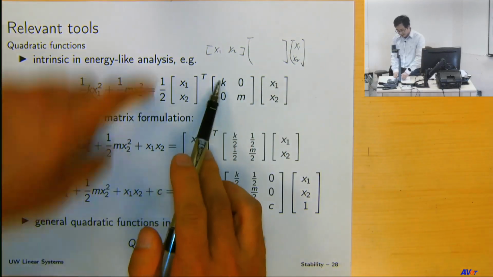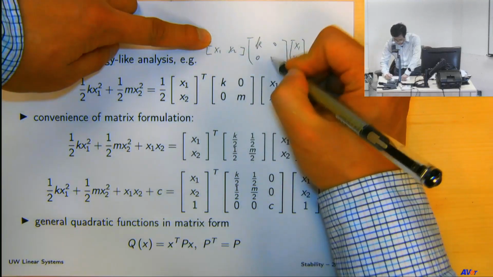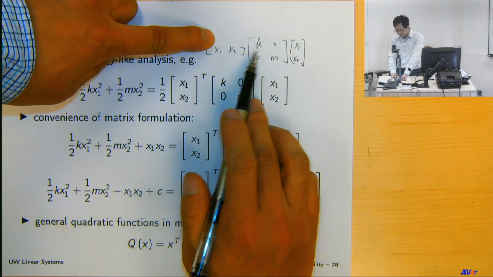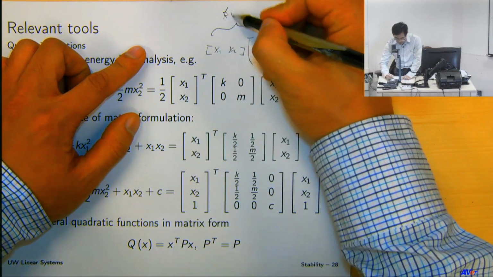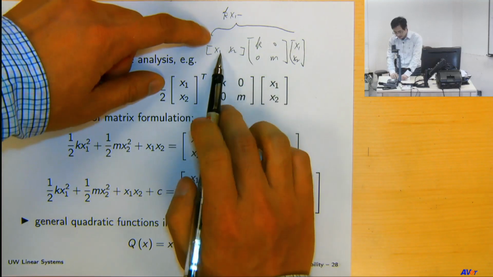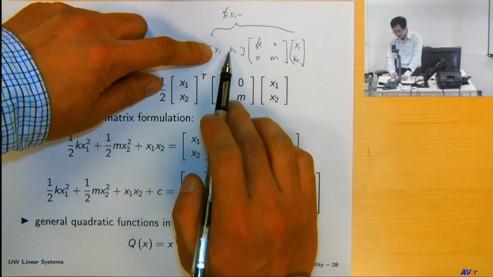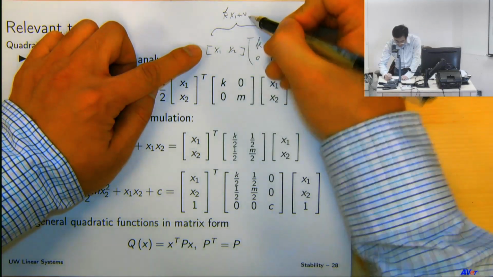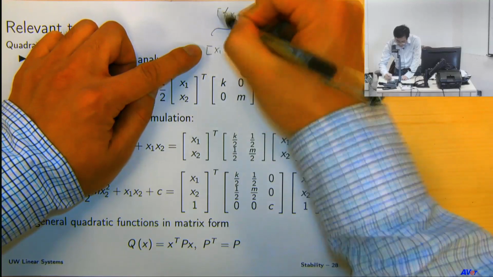You can check the element computations. The first row times x1 is k times x1 plus 0, and then 0 plus m times x2.